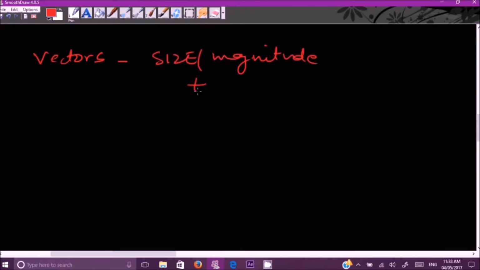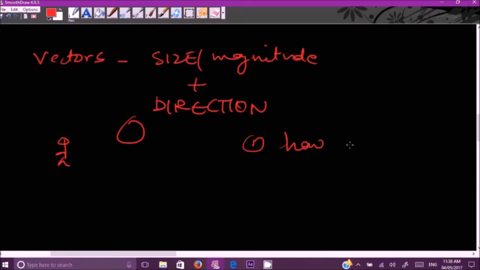Now vectors, they also have a size like scalars, but they have a really special thing, which is the direction. Suppose you want to navigate to your playground. What all things do you need to know? First, how far away it is from you and in which direction it is located.